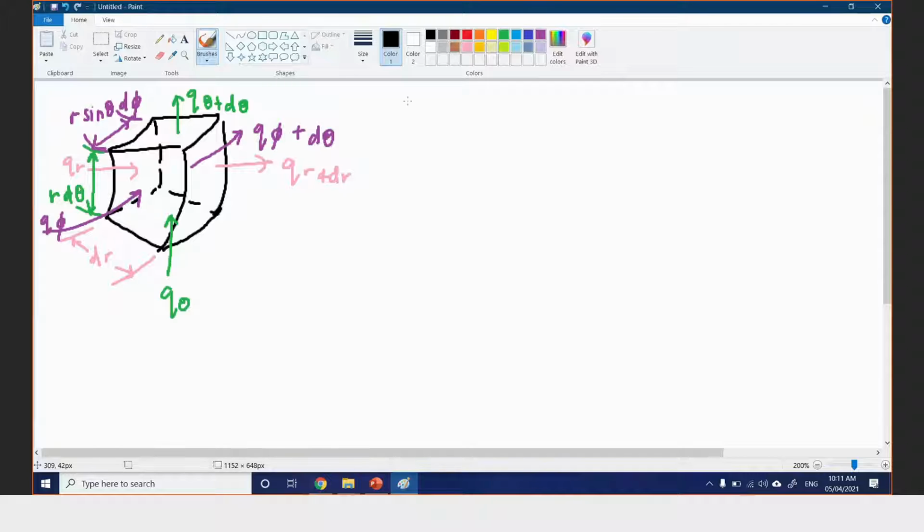So let's start with the easy one, which is the rate of heat generated, which is Q times volume. Q is, if you remember, the average rate of heat generation in all directions.